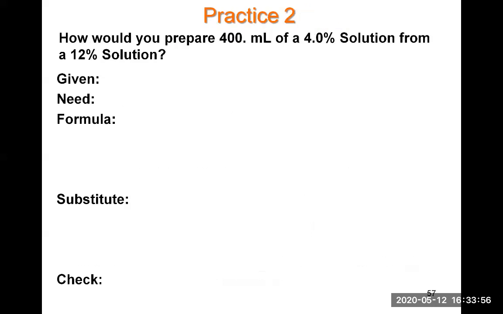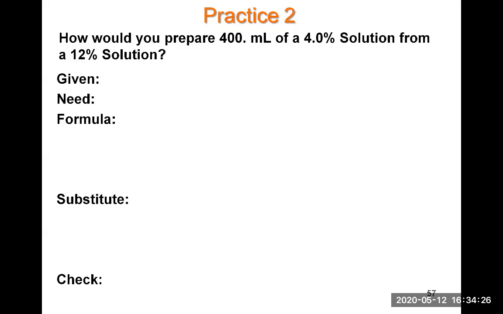Let's do a second practice. How would you prepare 400 milliliters of a 4.0% solution from a 12% solution? So if we extract the information from the text, we have 400 milliliters of a 4.0% solution.